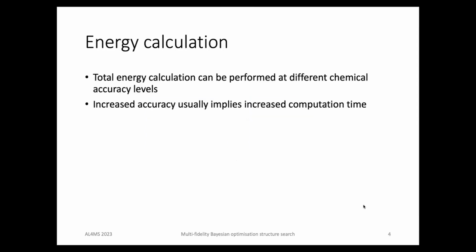And what's special about our optimization task is that there are actually several energy calculation methods, and these have varying accuracies, and also the more accurate methods tend to be more expensive in the sense that the calculations take more time.